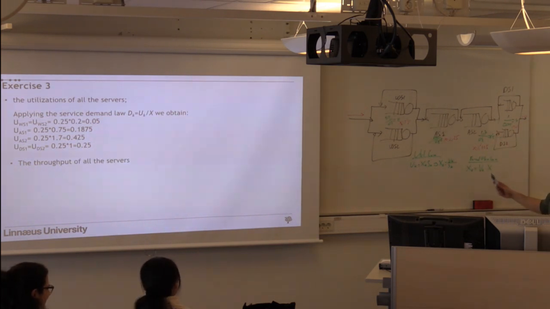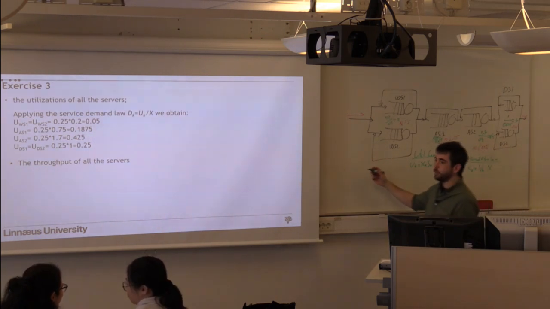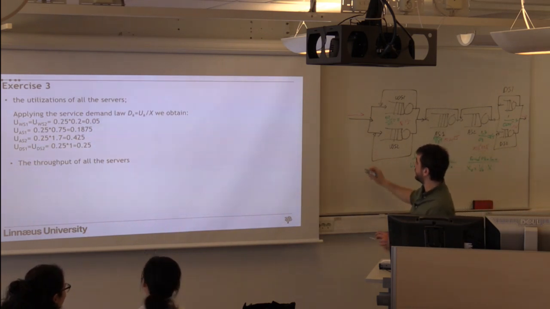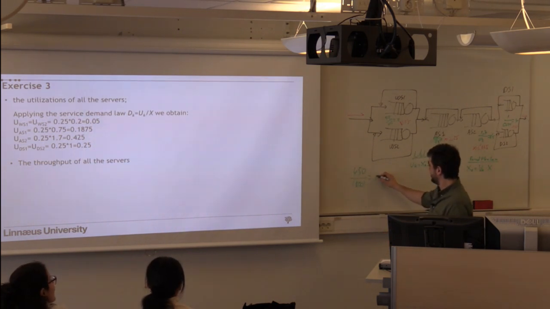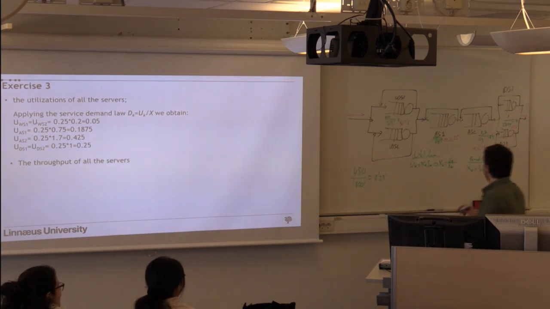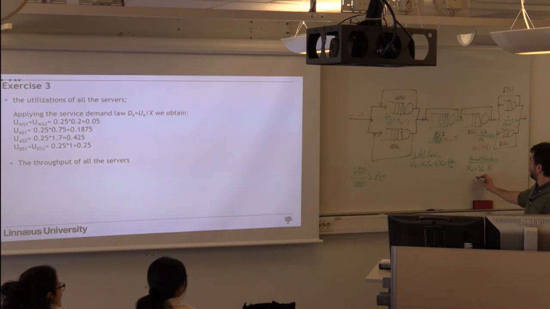And we have the system throughput. It was 0.25 that we are using there, and it came from the 450. So number of visits, 2 times 0.25, we get 0.5.